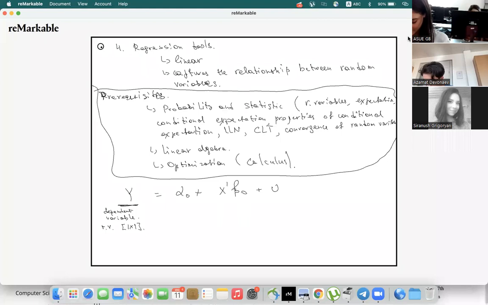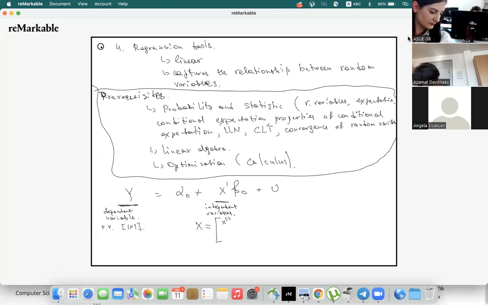And then you say that you have here independent variables. This is a random vector. x is a column vector with the first coordinate, the second coordinate, up to the kth coordinate.